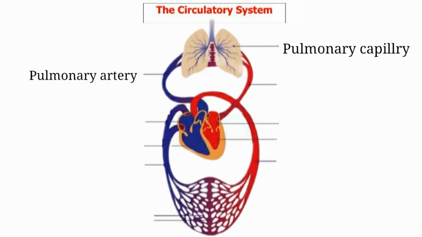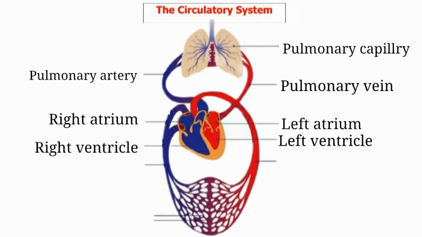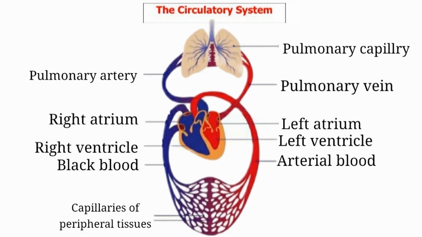Pulmonary capillary, pulmonary artery, pulmonary vein, left kidney, right atrium, left atrium, right ventricle, left ventricle, artery blood, black blood, capillary of peripheral tissues, right? So this is the circulatory system.